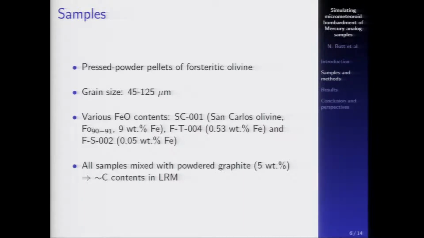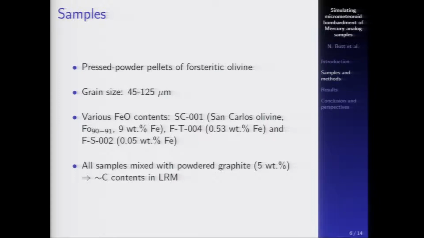The first one is the San Carlos olivine with 9% of iron, which is higher than what is on the surface of Mercury, but this sample is used for reference with previous laboratory experiments.